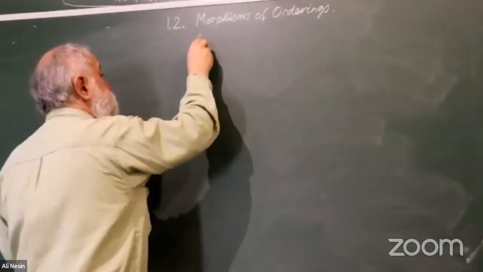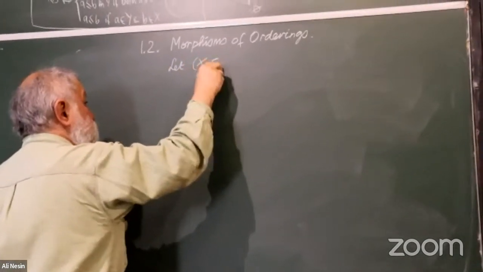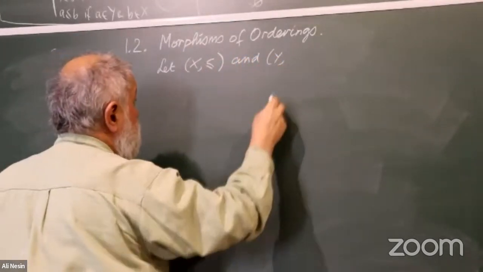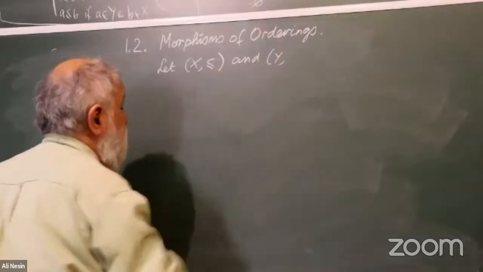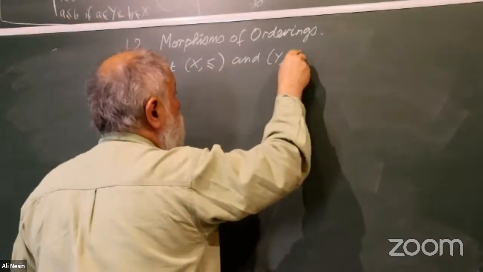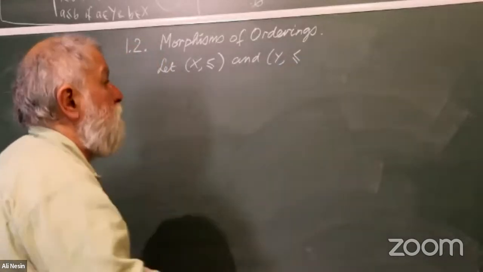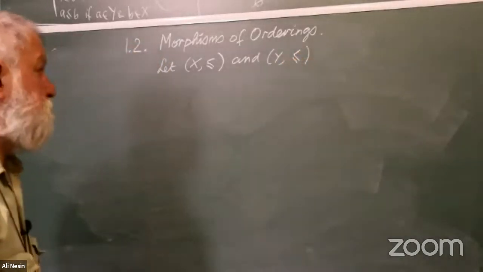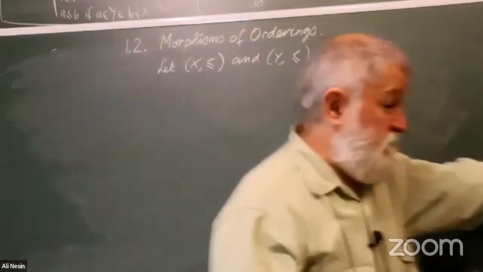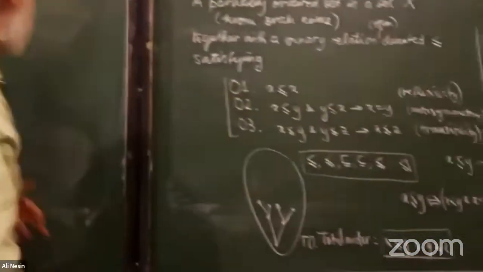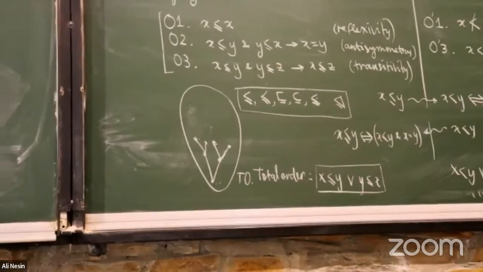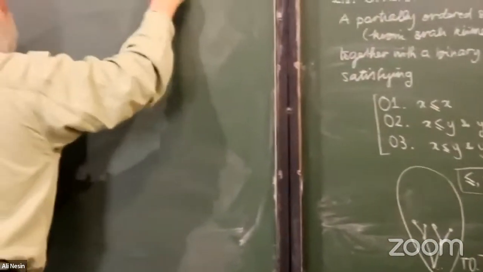Let X with less than or equal to, and Y. You see, there will be an ordering on X and also on Y. There's no harm in denoting both orderings the same way, although they may be different. If you have two different orderings on X, then you have to take two different symbols. But if you have them on two different sets, then you don't need to. It's called a poset, partially ordered set.